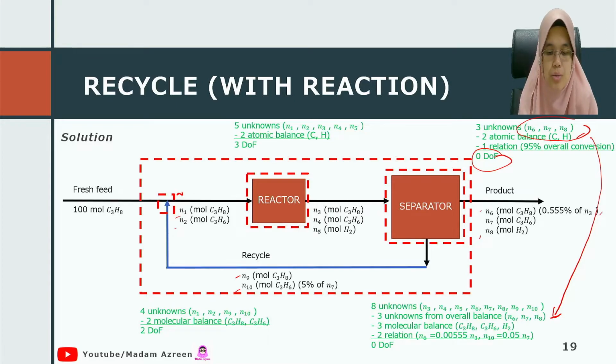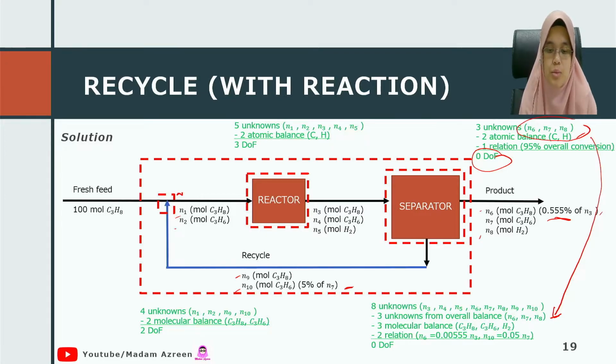Then you can do 3 molecular balances, together with 2 relations, which are this one and this one. So you have another 0 degrees of freedom. So to start with, you have to start with 0 degrees of freedom first.